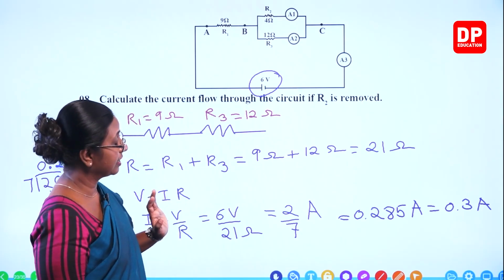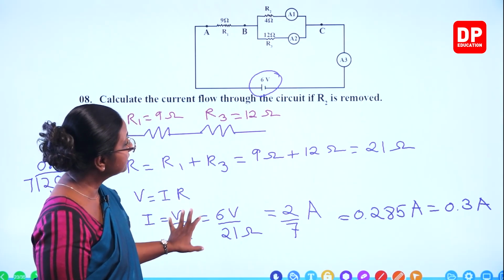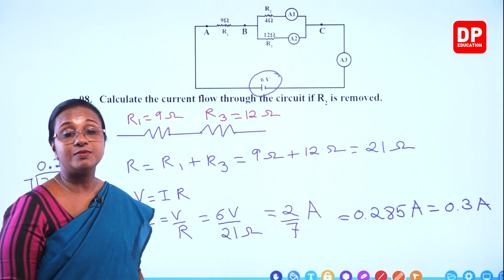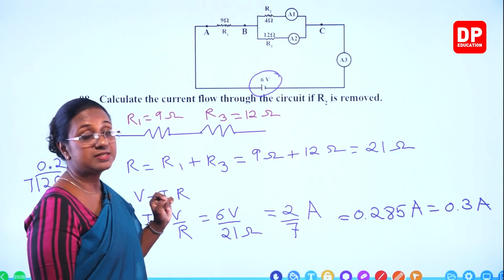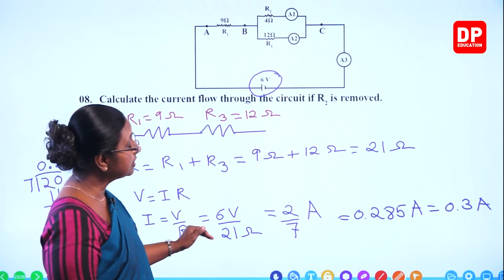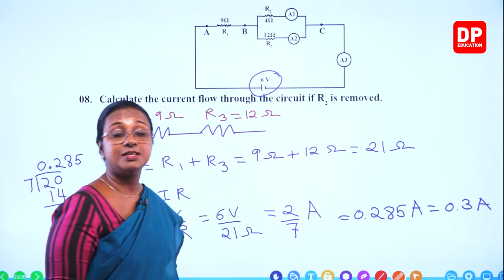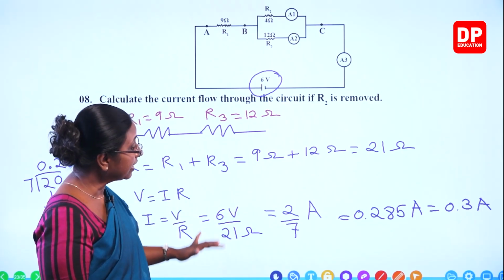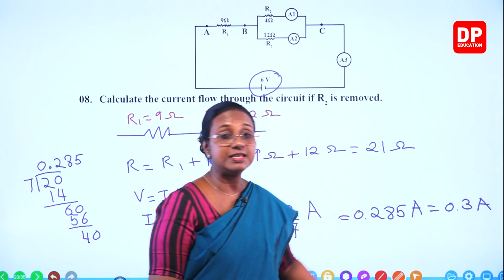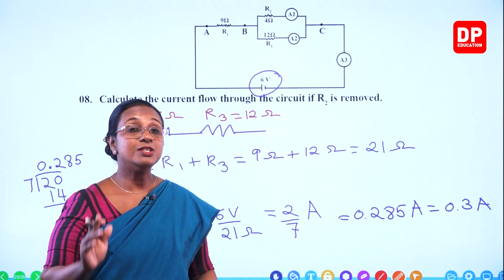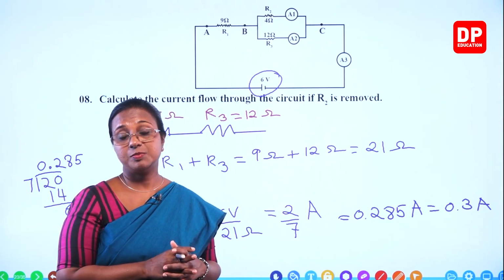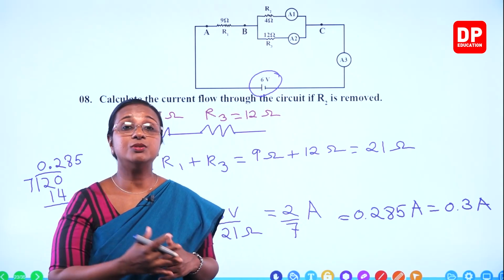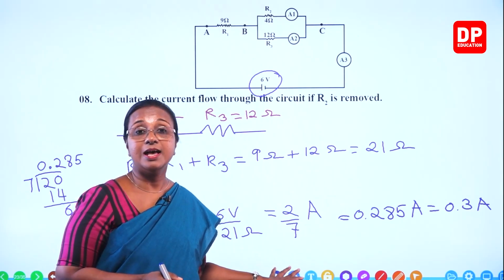From this calculation, students, you can see when one resistor that was connected in parallel is removed, the other two become a series combination. Because of that, the equivalent resistance increases, and because of that, the current flow has decreased. That is what you need to understand here. We have discussed all these concepts before, but this is for you to understand how it happens.